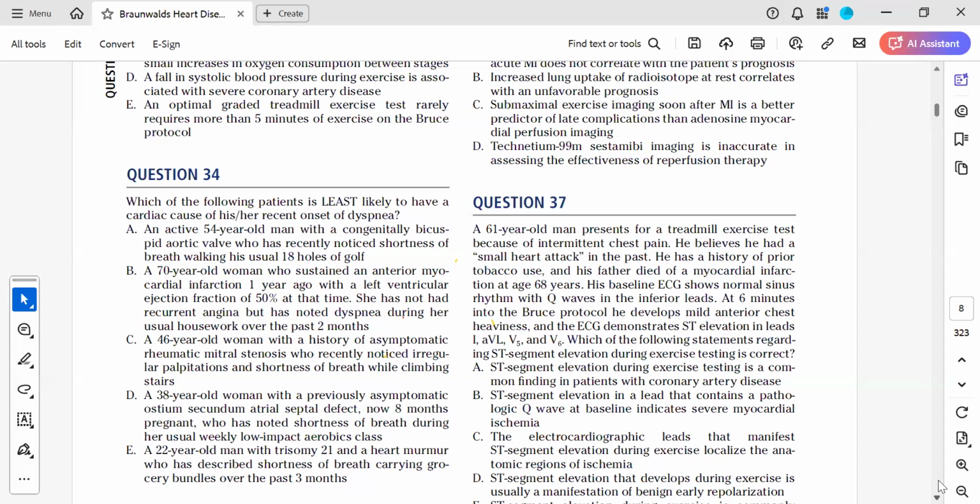Also, for this patient, dyspnea may be an angina equivalent, so her difficulty in breathing will definitely be a result of a cardiac pathology.